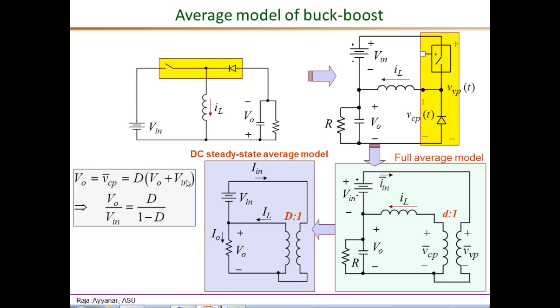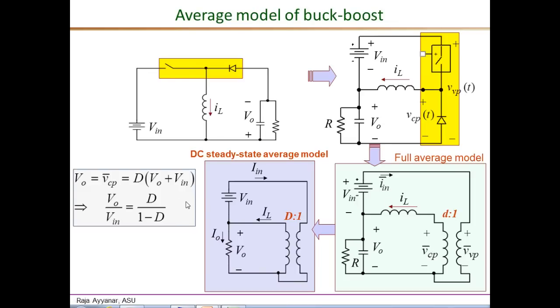So VO equals D times (VO plus Vin), from which we directly get VO over Vin equals D over 1 minus D. Or if we use the full average model, again VO is equal to this VCP average, because VL average is 0 in steady state, and VCP average is again D times (VO plus Vin), leading to the same result.